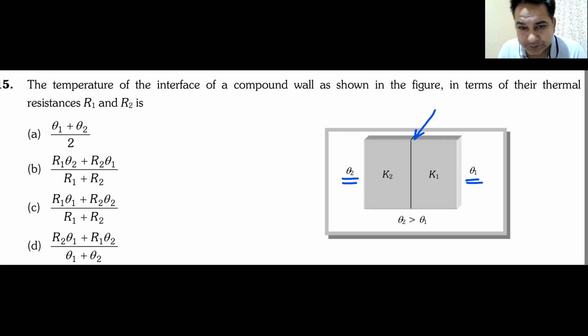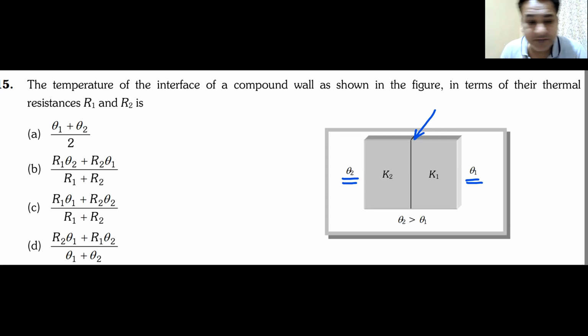If I say T is more than theta 2, oh, theta 2 is less than theta 1, so T will be less than theta 1. So theta 2 minus T divided by R2 will be equal to T minus theta 1 divided by R1. From there, you can get the value of T.